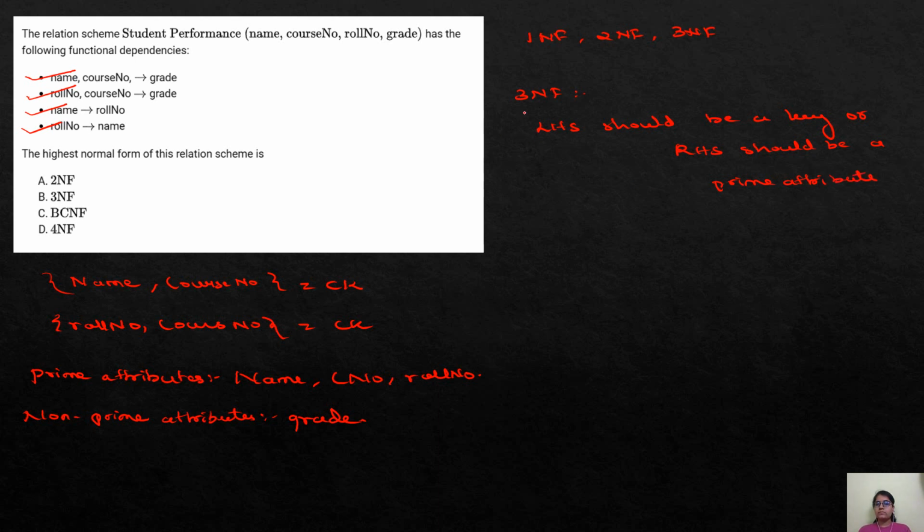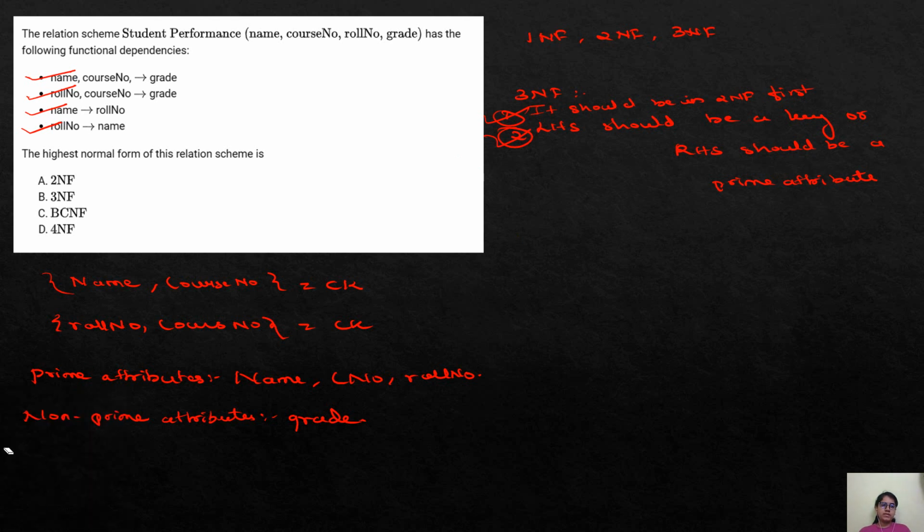And more than this, before checking this condition, you should check that it is in 2NF first. For 3NF, these are the conditions: first, it should be in 2NF, and second, the LHS should be a key or RHS should be a prime attribute. So the two conditions are matched here. That's why it is in 3NF.